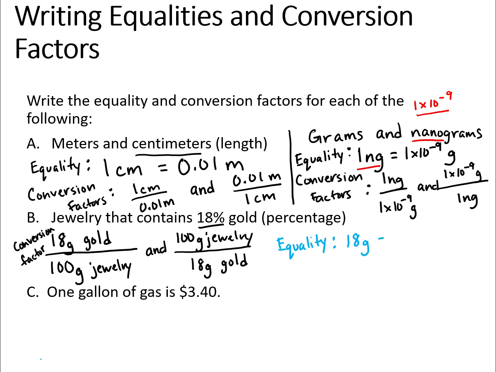If not, all right. For the equality, it's simply writing 18 grams of gold is equal to 100 grams of jewelry. It's the definition that defines what 18% is. Does that make sense?